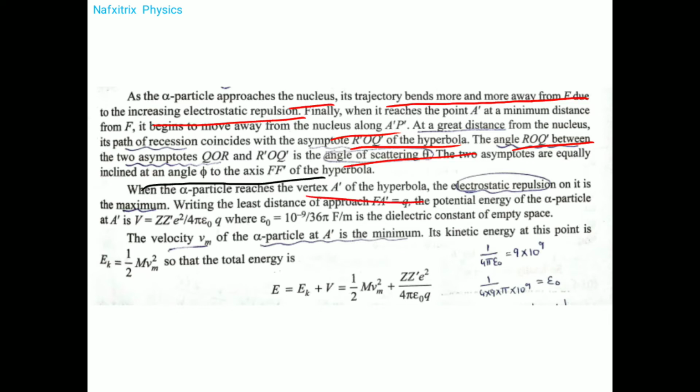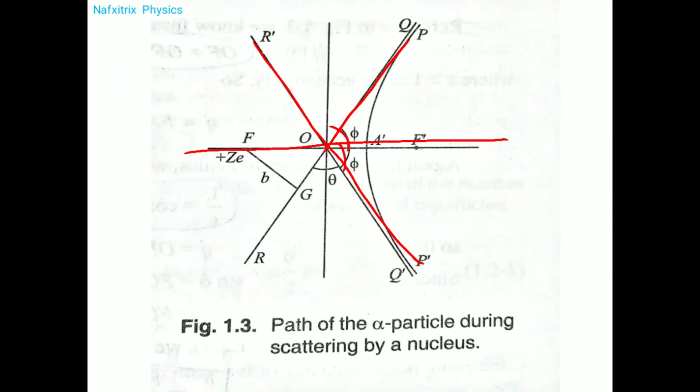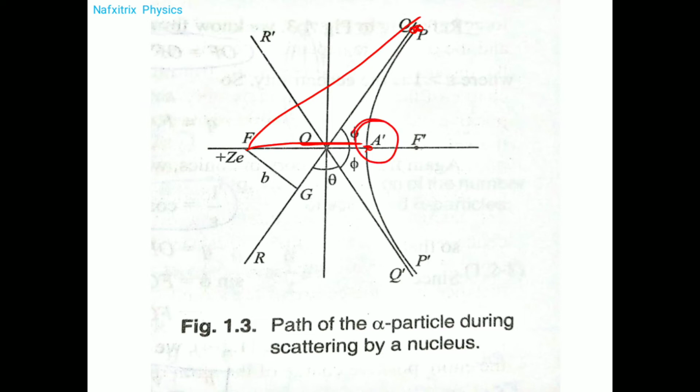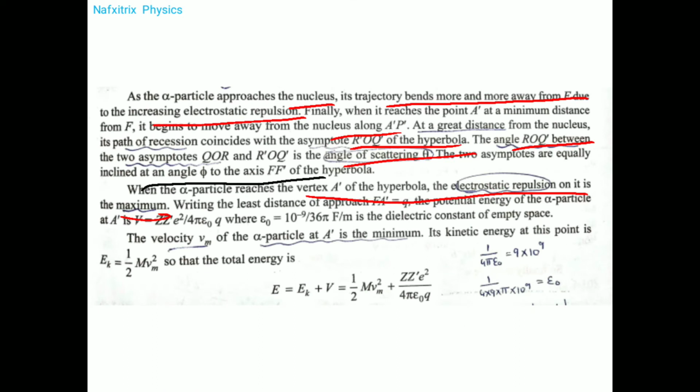The electrostatic force is maximum at the closest approach. When the alpha particle was here, the distance between the nucleus and the particle is more. But when it is here, the distance is less. So here it experiences a huge repulsive force compared to here, because the distance between the nucleus and the alpha particle has reduced a lot.